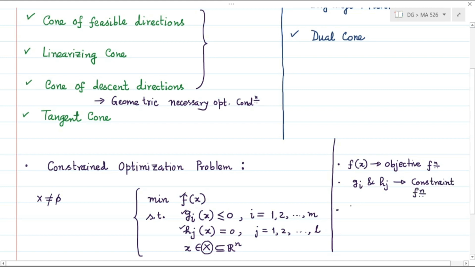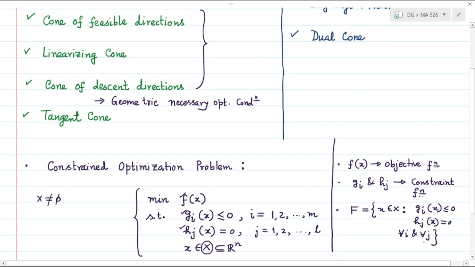Then the set of all points in the set capital X for which all the restrictions, all the constraints, g_i(x) less than or equal to 0 and h_j(x) equal to 0, for all i and for all j, hold.